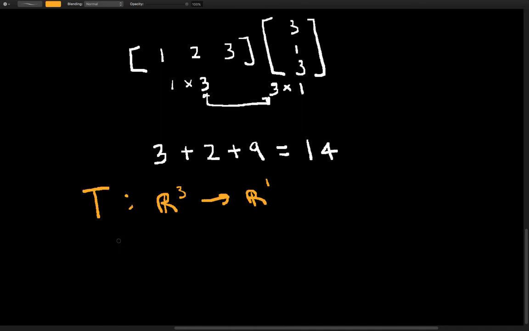What this means is we took in a vector like (3, 1, 3) and just spit out a number, 14, which is in one dimension. So now you know about linear transformations and the properties that they have.